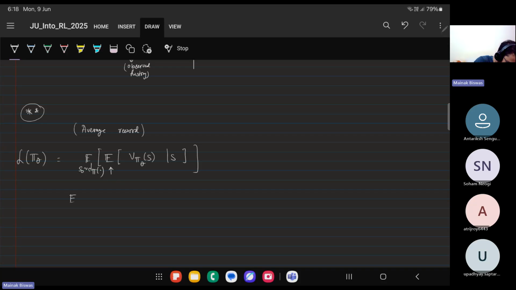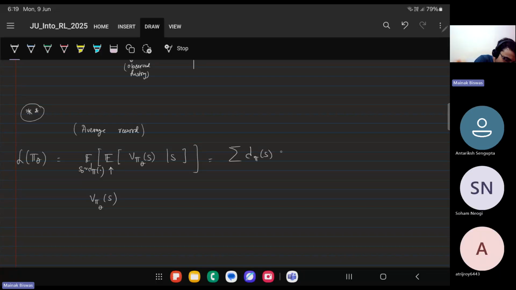And this is an expectation over, just check this expectation, V pi theta of S. Again, I can write it as a summation of d pi of S times V pi theta of S. Yes or no? By LOTUS, remember. Okay, that is great.